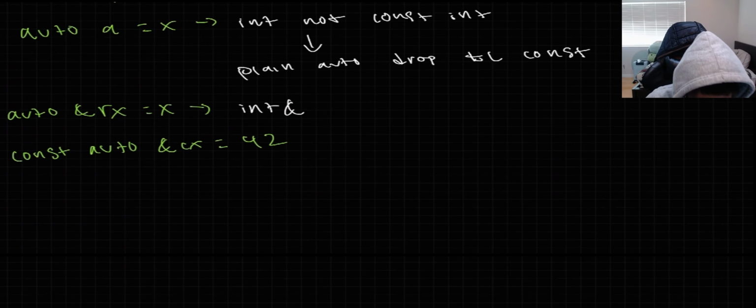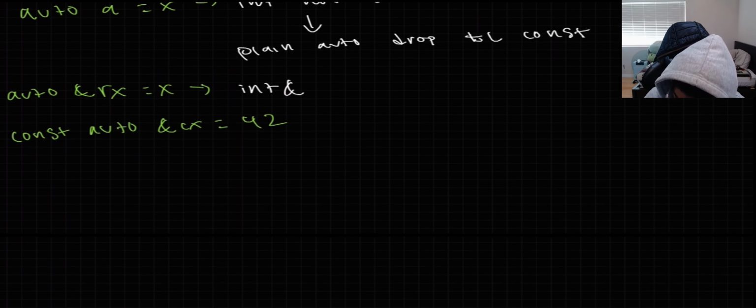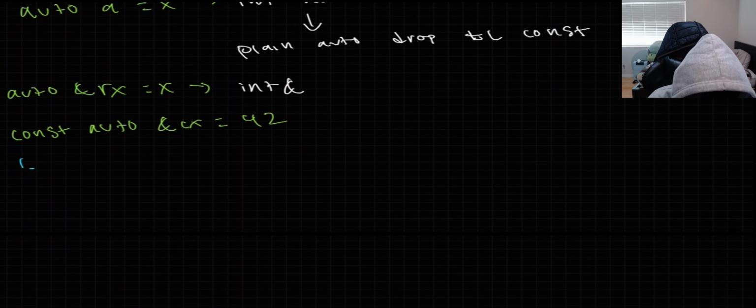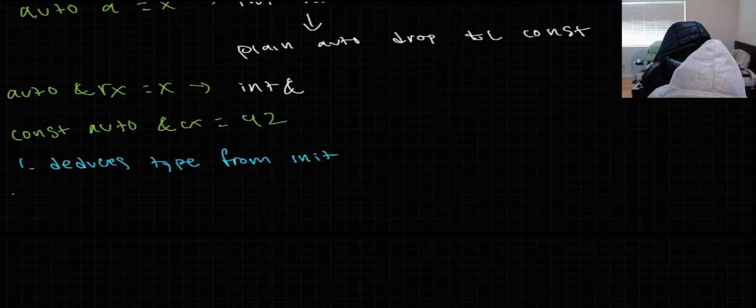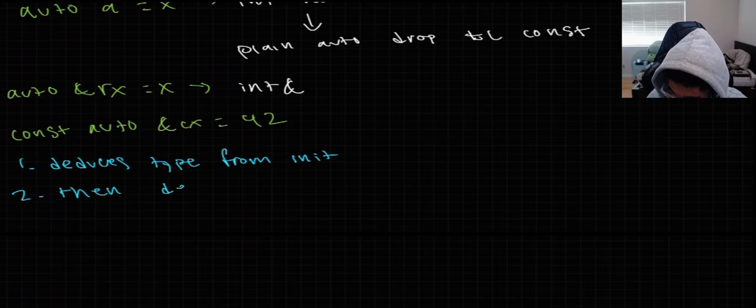That's about it. So some quick rule notes is auto deduces type from the initializer. Then the declarator is applied.